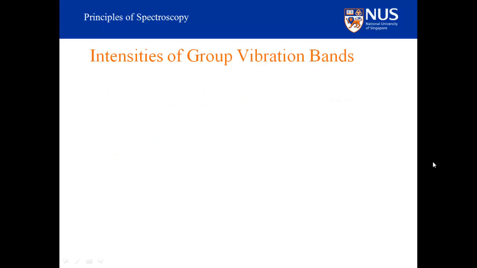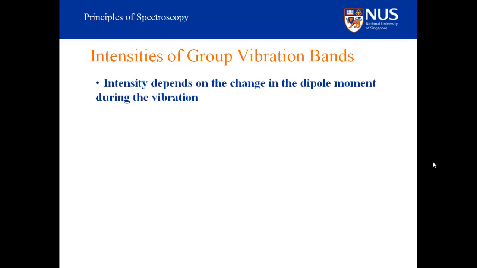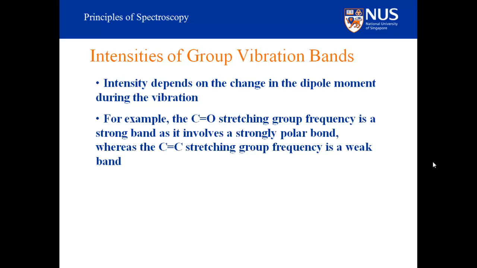So what about the intensities of group vibrational bands then? Well, remember, as I discussed in part 1, the intensity depends on the change in the dipole moment during the vibration. Well, we do expect that something like a carbonyl stretch to be a strong band because it involves a significant change in the dipole moment, as that bond is very polar.